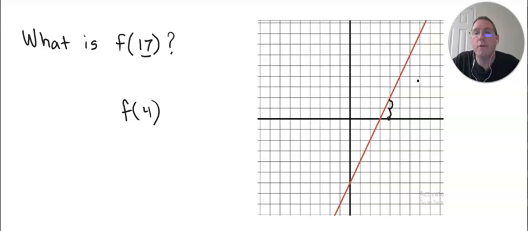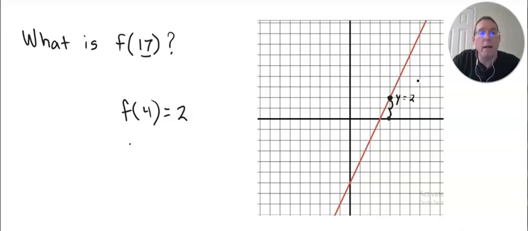Then I can go up to the graph right here, and I can see that when x is 4, y is equal to 2, and therefore f of 4 is equal to 2. So f of something is equal to y. It's whatever the y value is when you plug the number in for x.